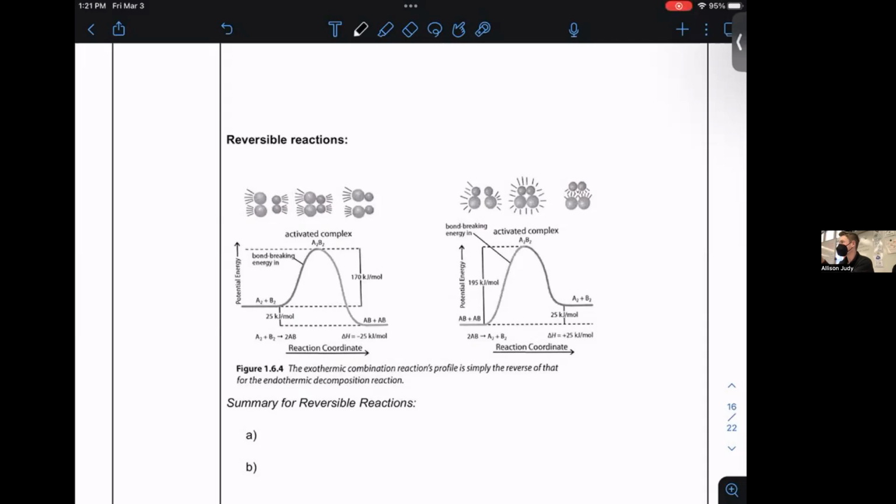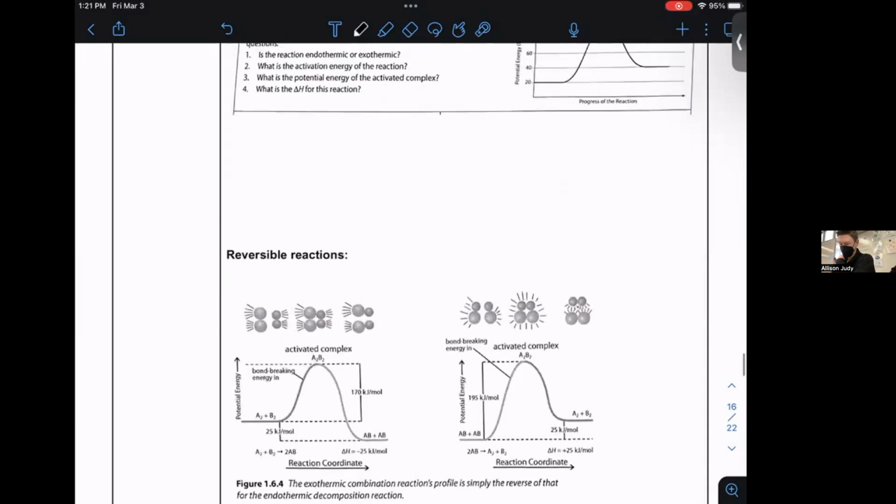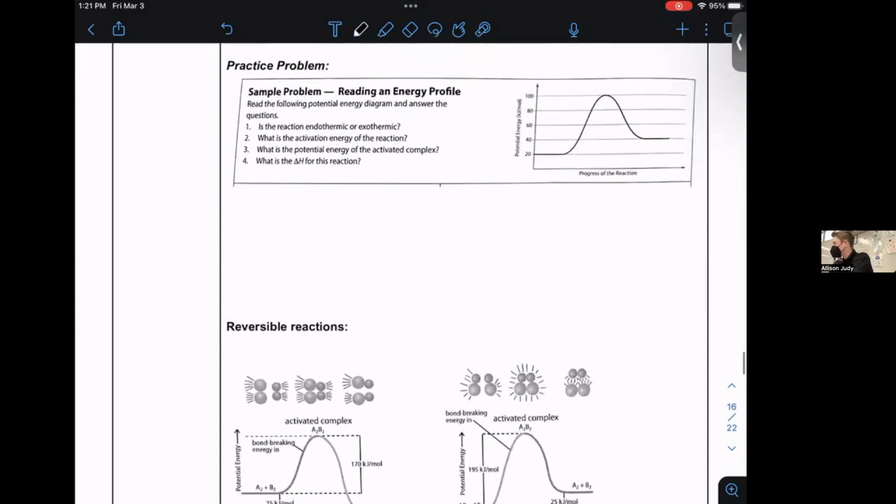You have two molecules, and for, I don't know, maybe a nanosecond, they hit together and they're all just one big blob of every single molecule that's reacting. Then eventually it twists and breaks apart, and you end up with your two separate ones. The activated complex is this period where everything is mashed together before it twists and breaks apart.